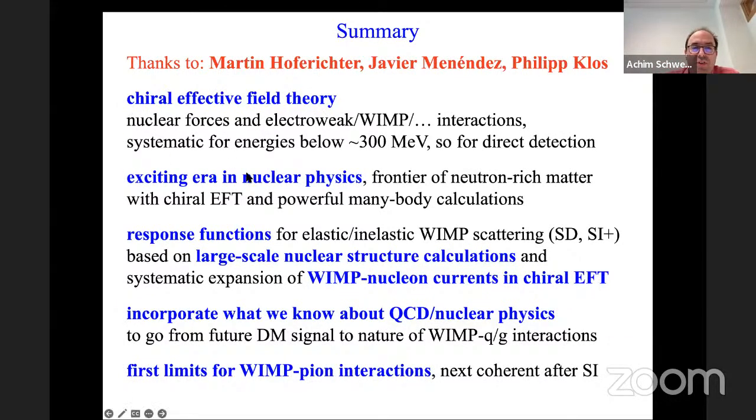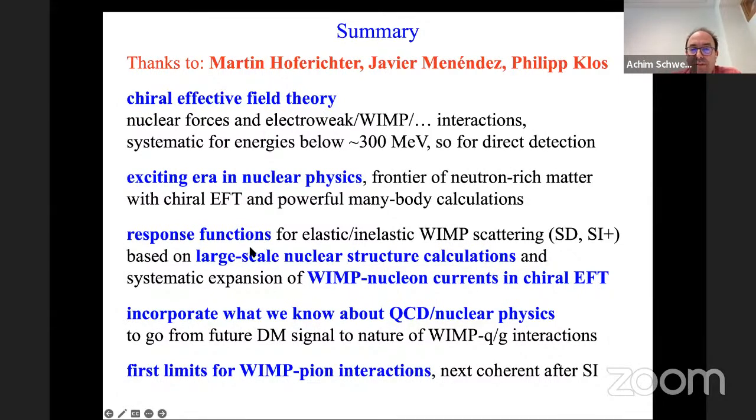And I hope you could also see that there's been a lot of developments in nuclear physics that use very powerful many-body methods combined with chiral effective field theory interactions, where we can now calculate nuclei up to 10, basically, based on these 2 and 3-body interactions.